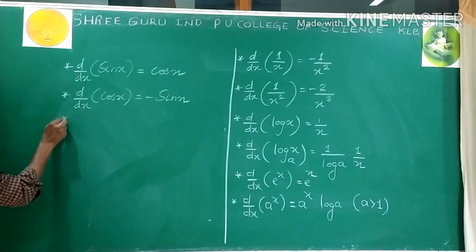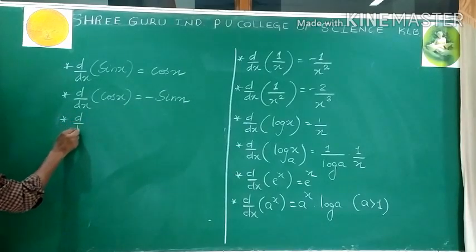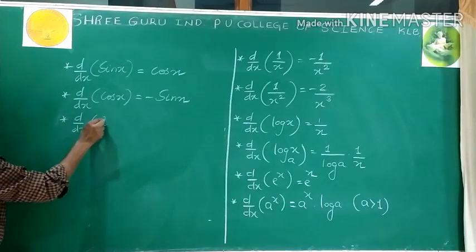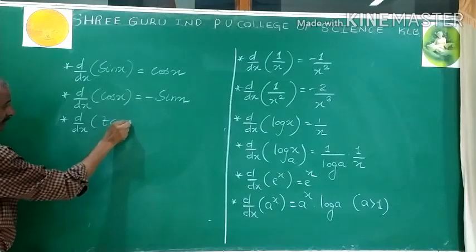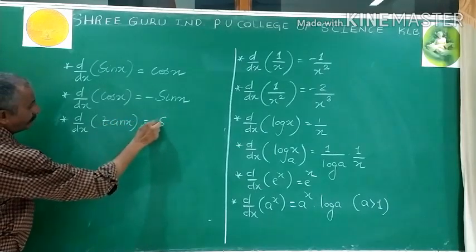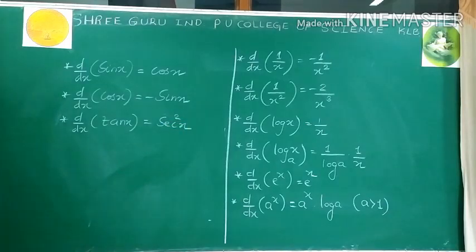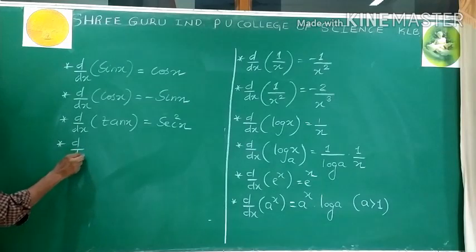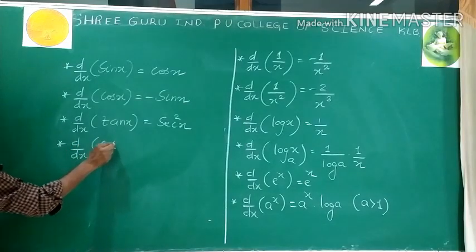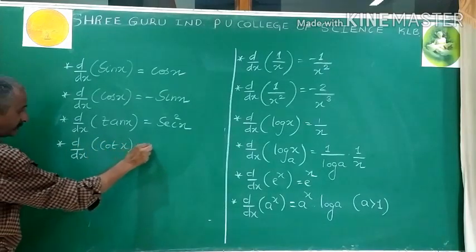Next, the derivative of the function tan x is equal to secant square x. Next, the derivative of cot x is equal to minus of cosec square x.